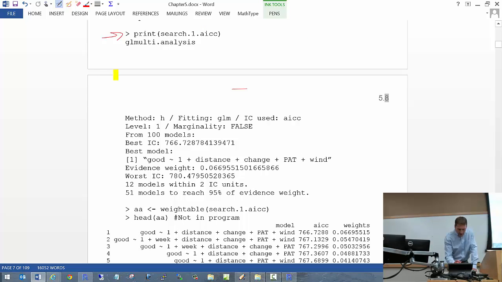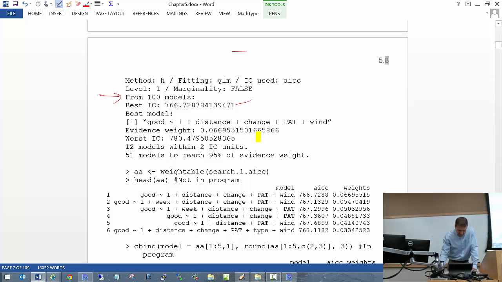And what we see here, it says from 100 models, that means from the top 100 models, in terms of these 256 models, the 100 models with the smallest corrected AIC, the smallest of all those AICCs, 766.73, and this was the actual model right here. There's some other information displayed there. We'll talk about that later in Chapter 5. For now, you don't need to worry about what evidence weight means, for example.